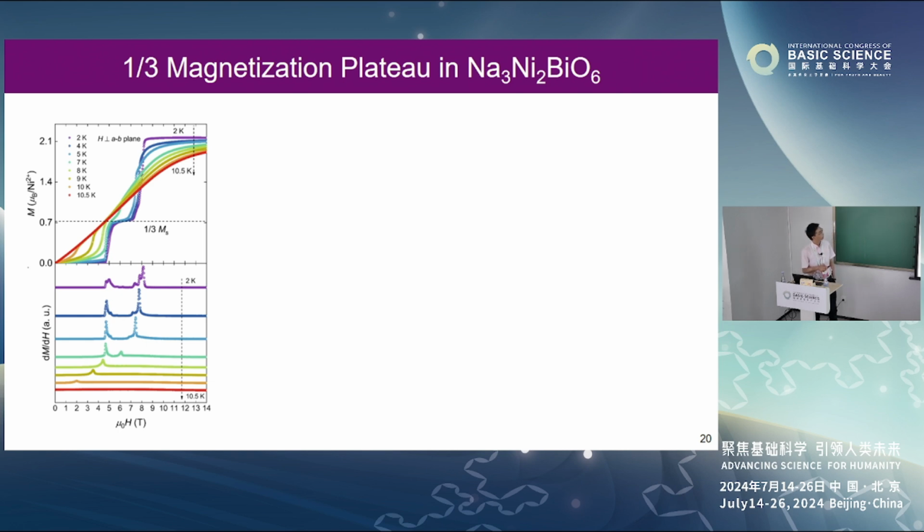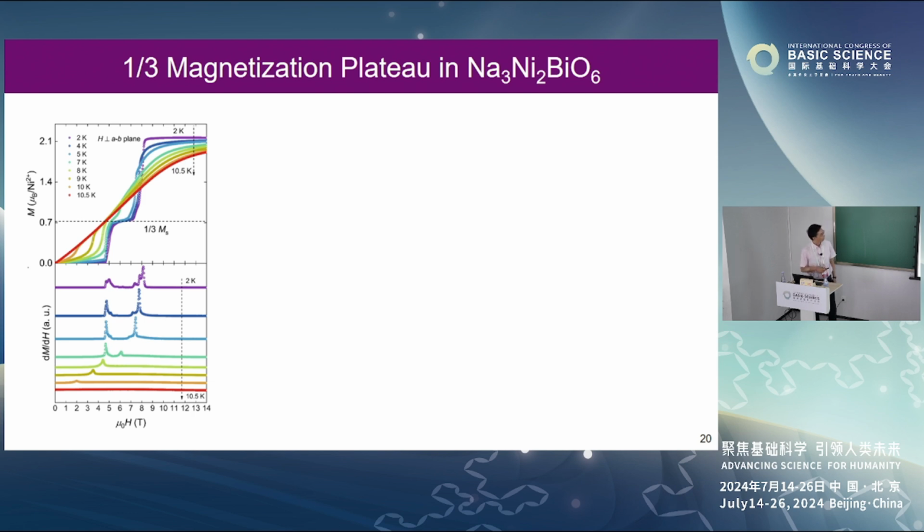And then finally, you can apply a very strong field above 7 Tesla. Then you can fully polarize the system to have the fully polarized state. And then for the fully polarized state, you have a saturated moment of 2.1 μB.